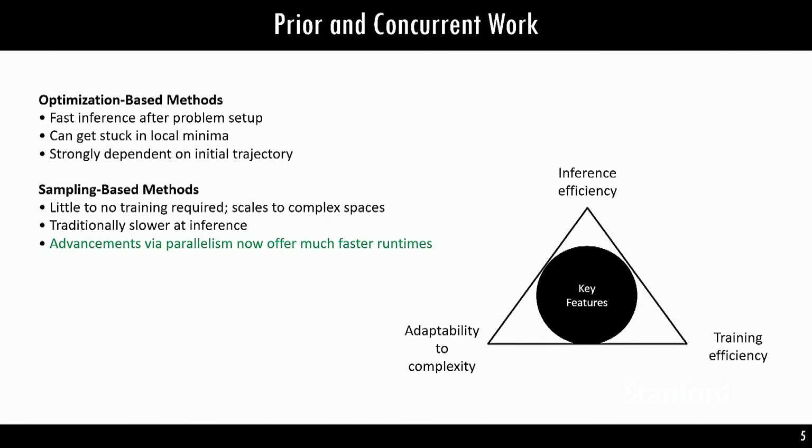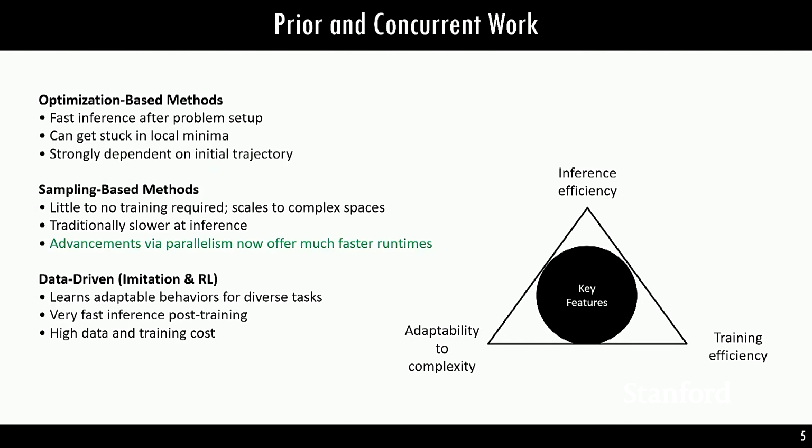You do not need to train them, but their inference efficiency is very slow because these methods need to either discretize your entire space or construct a graph and then find a path through that. On recent advancements, I should acknowledge that people are exploring how we can use massive parallelization within these methods to speed up their performance. But we still have to see how these methods scale to complex kinematic constraints.